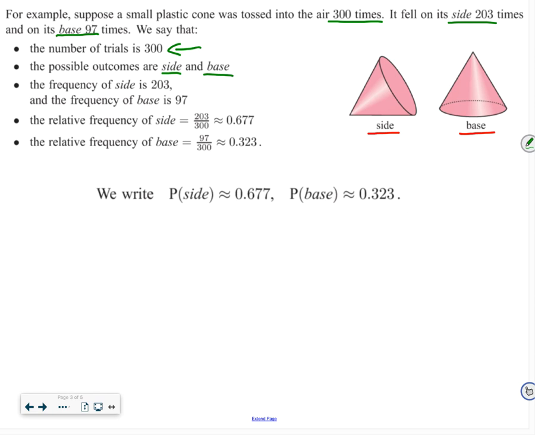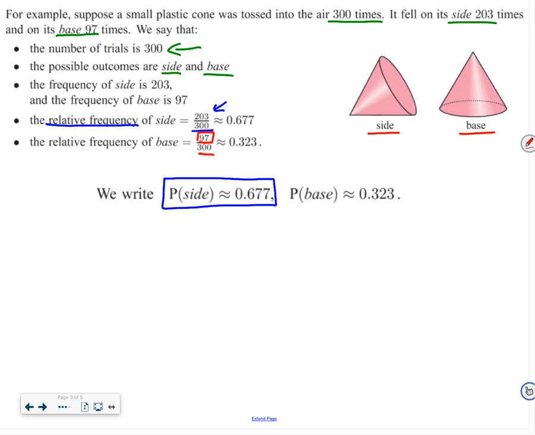To find the relative frequency, I use my equation: the frequency of the event over the number of trials. Typically we write this as the probability of side is approximately equal to 0.677. For the base, it landed on its base 97 times out of the 300.